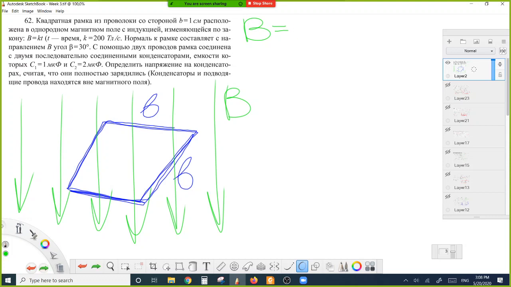Okay, sorry, K multiplied by T, where K is a constant, which is equal to 200 Tesla per second.